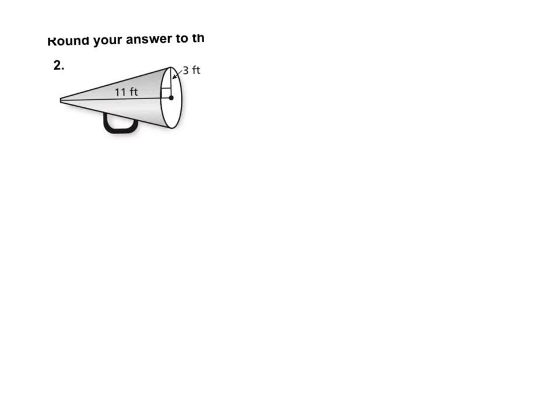Question number 2 is going to be exactly the same. We've got the formula volume is equal to pi times radius squared times the height, whole thing divided by 3. So volume is equal to pi times the radius, which is 3 squared, times the height, which is 11, whole thing divided by 3.